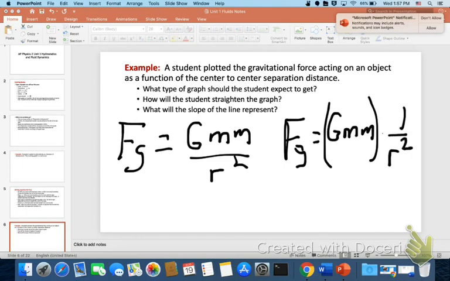So based off of this, I already know that my graph should be an inverse square graph. So in order to straighten the line, I'm going to expect that I'm going to have to plot force gravity as a function of 1 over the square of the center-to-center distance. Okay? And once again, the slope is going to represent the GMm part.